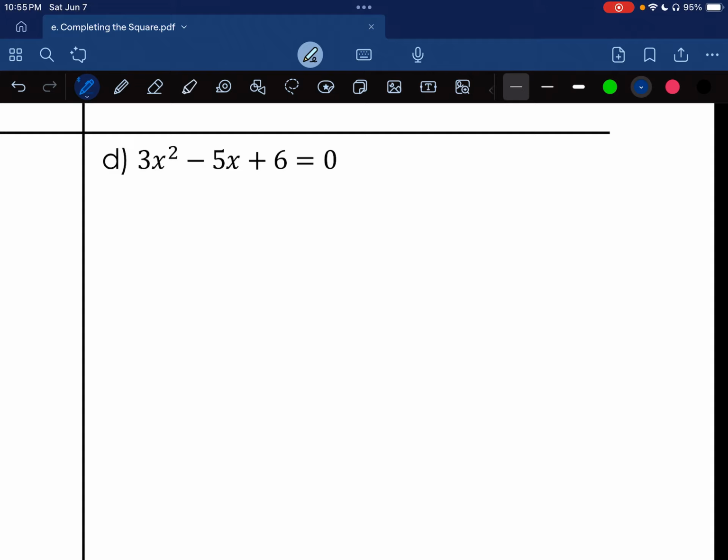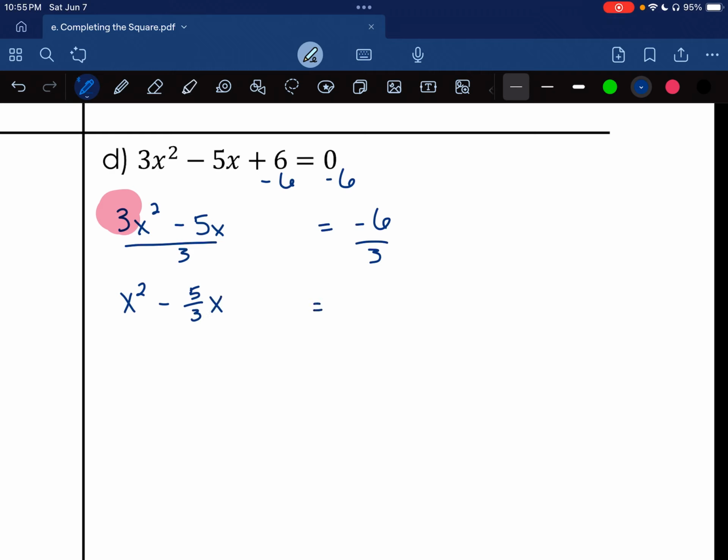So we'll get 3x squared minus 5x is equal to negative 6. Now notice that the a value here is not 1. So we need to divide both sides by 3 because this technique only works when the a value is 1. So we're going to have x squared minus 5/3 x. Yep, everything gets divided by 3, is equal to negative 2.